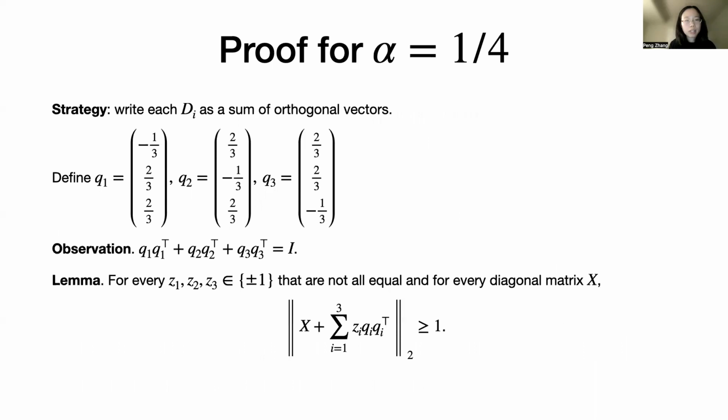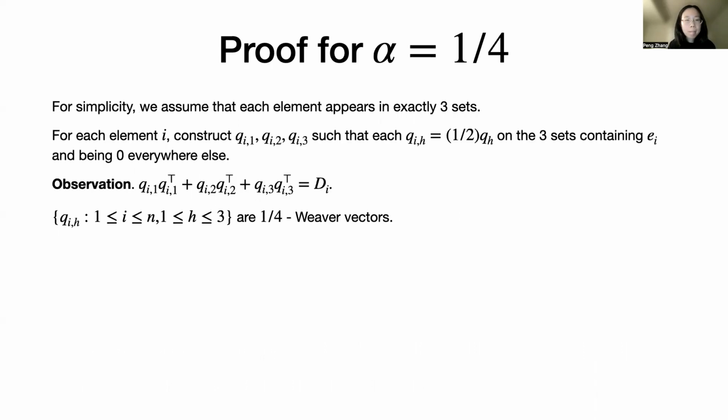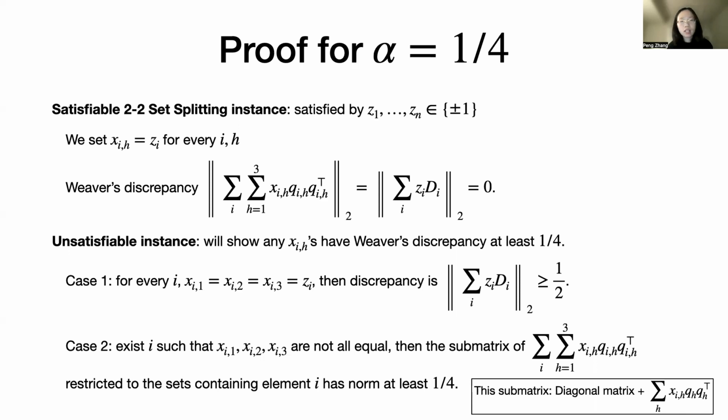Okay, here we apply this lemma. And we know that the spectral norm of this submatrix is at least 1/4. So the spectral norm of the whole matrix is at least 1/4.